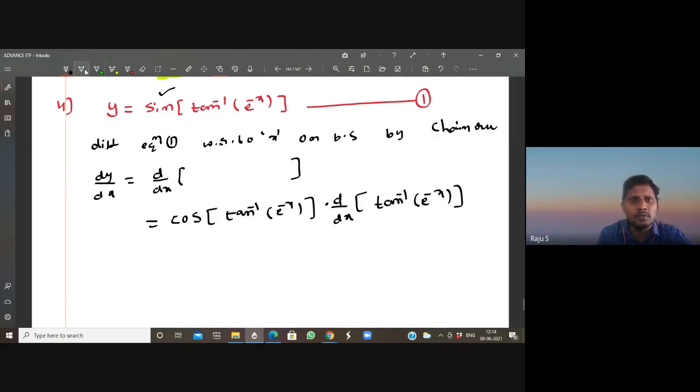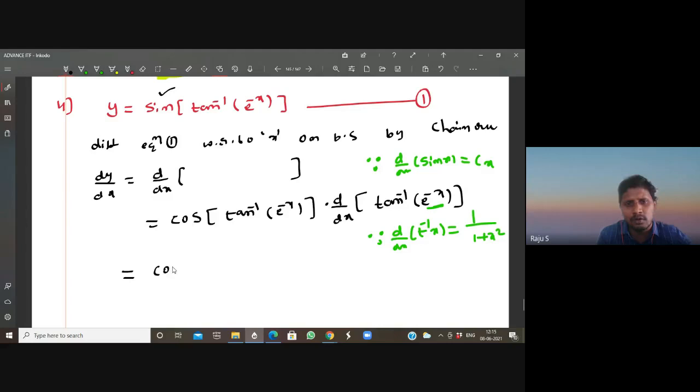It is better to write, since d by dx of sin x is cos x, like that. Now here tan inverse x is there, since the derivative of tan inverse x is equal to 1 by 1 plus x square. So in place of x here we are having e power minus x. So this is equal to cos of tan inverse of e to the power of minus x, into 1 by 1 plus x square.